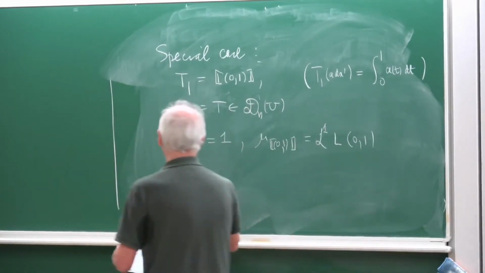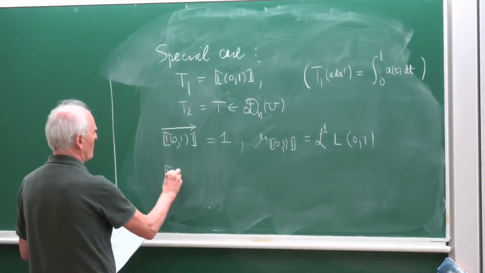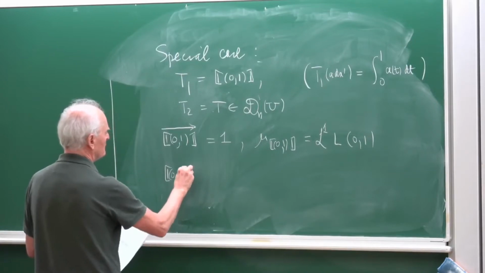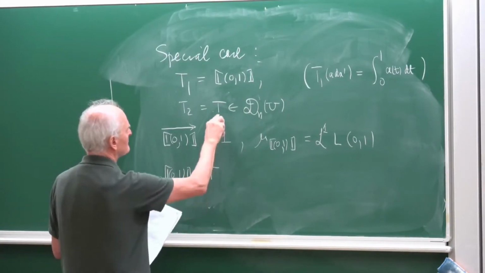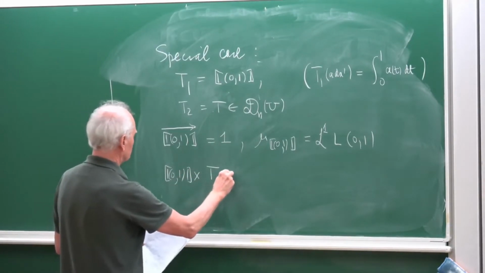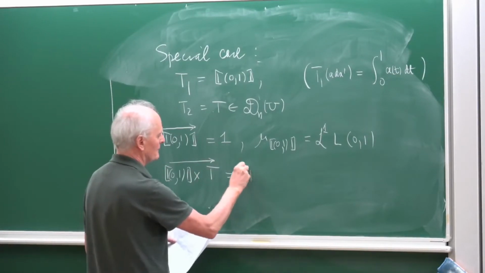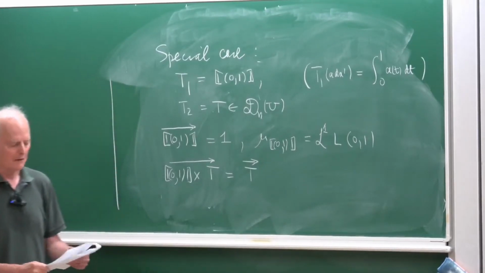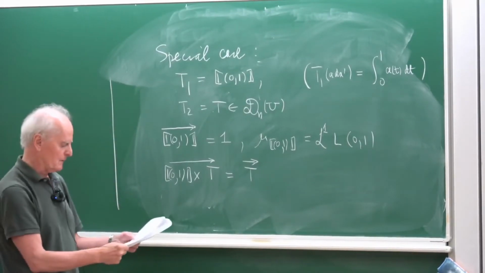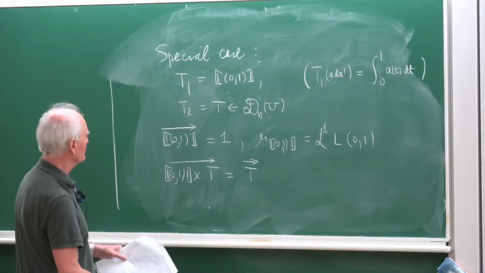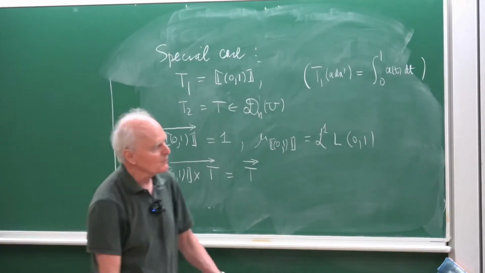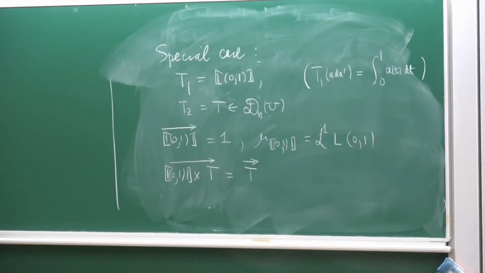And if you take [0, 1] Cartesian product with T, you take the arrow of that, that's just 1 times T arrow, so it's just T arrow, like that. And oh yeah, I got that wrong, didn't I? No, see, that's what you'd get if you don't respect your P's and Q's.